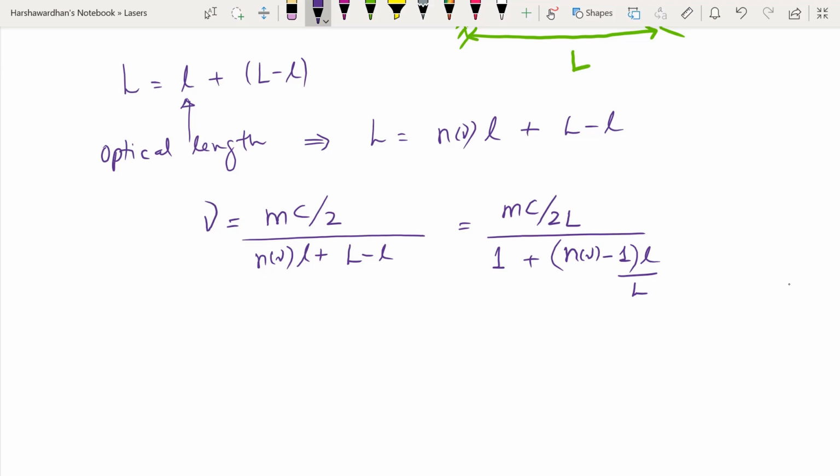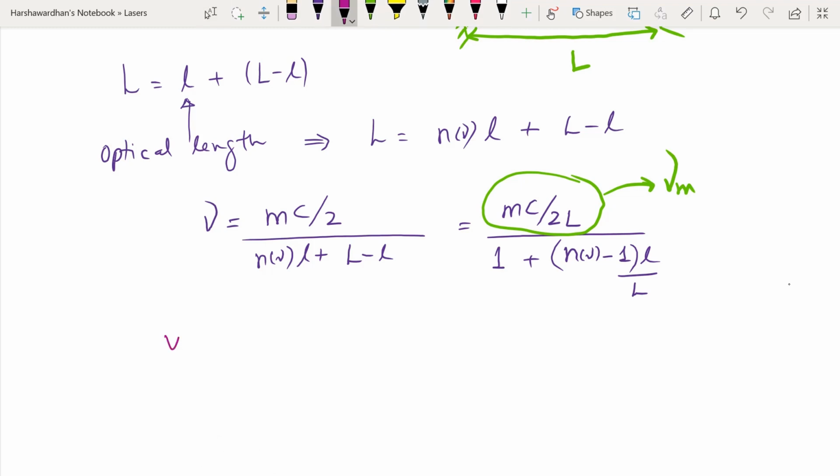If I rearrange this, I get the following form. And what I will do is I will identify my mc by 2L as simply nu m, right, which is the bare cavity frequency. So what I get is the following form.